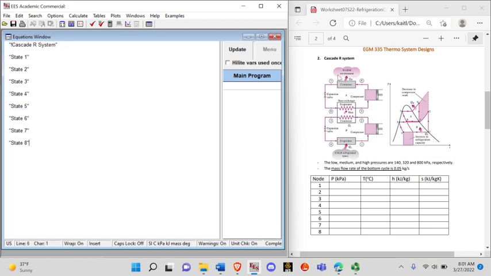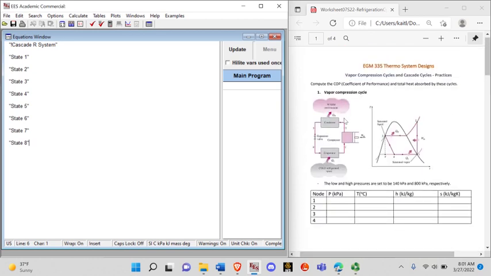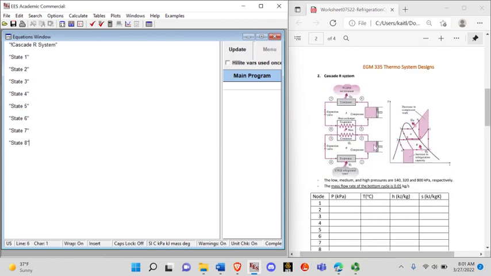You can see there are 8 states in the cycle. It looks like 2 simple vapor compression cycles combined with a heat exchanger.